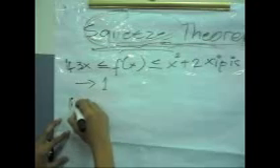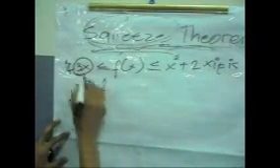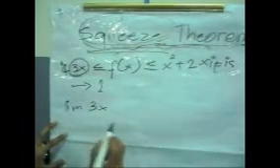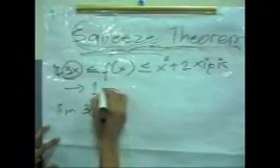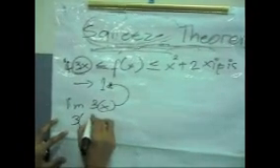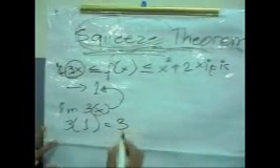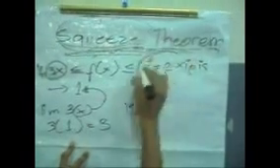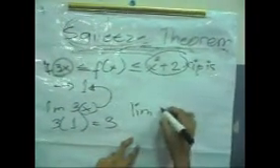We use the limit. First, 3x: let's change the x to 1, so 3 times 1 equals 3. Now let's do the same for x squared plus 2.